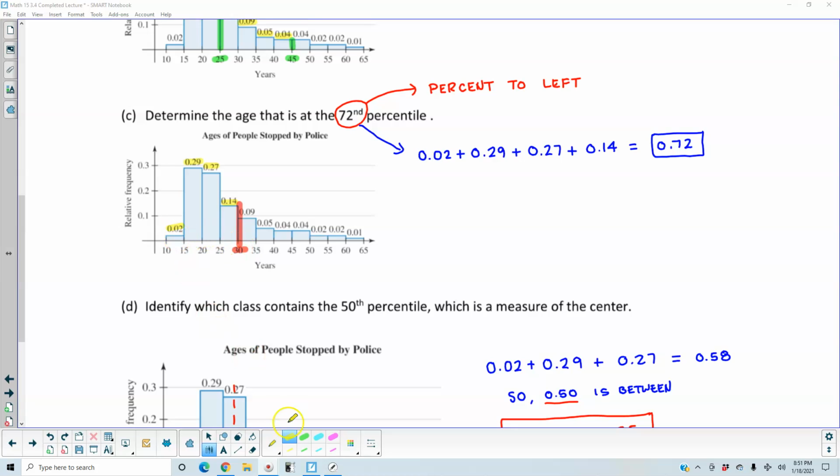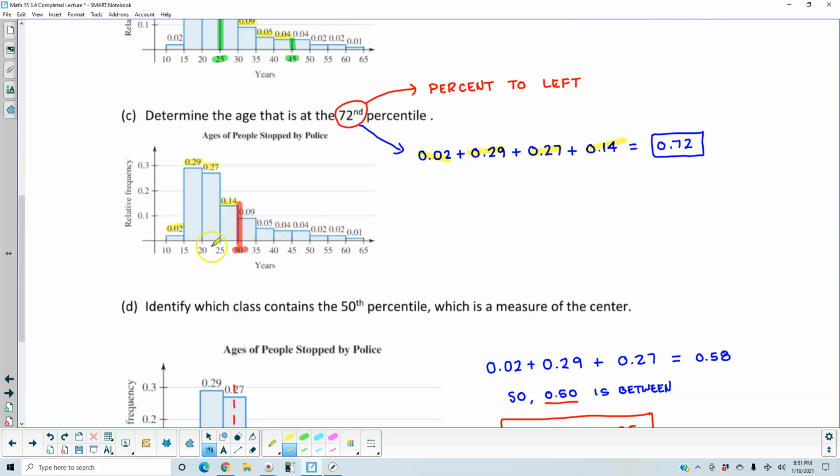Well, we're going to add the relative frequencies. Between 10 and 15, we have 0.02. Between 15 and 20, we have 0.29. We added those, that gave us 0.31. Then we're going to add 0.27. And then if we add 0.14, that gives us 0.72, which is a percentage.